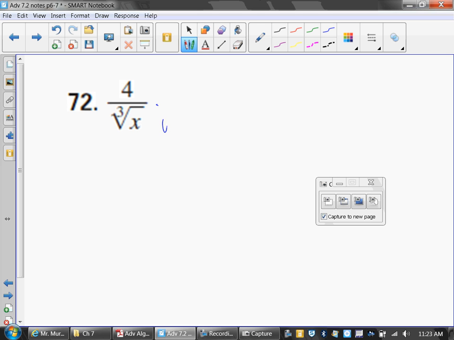So you have to multiply top and bottom by the cube root of x squared. So your final answer, this becomes the cube root of x cubed. And then the numerator is 4 cube root of x squared. And you're done. Remember, you want to create that perfect cube root or the perfect nth root, whatever it winds up being in the denominator.